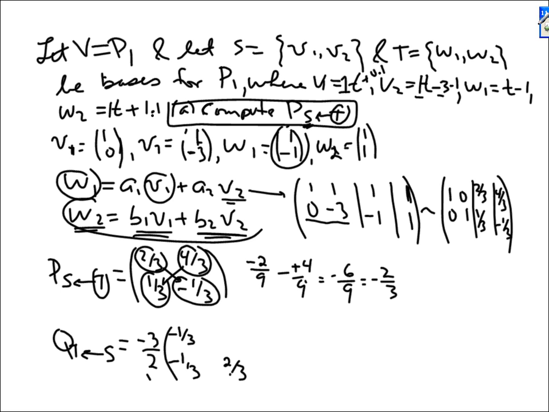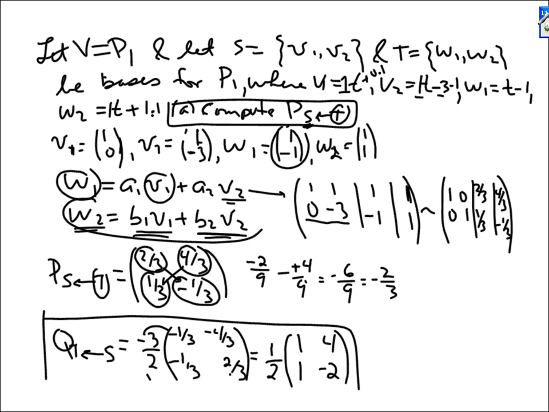Negative 1/3 and negative 4/3. And if I keep the half out, that is, I'm going to multiply everything by negative 3, I get 1, 4, 1, negative 2. That's the inverse.